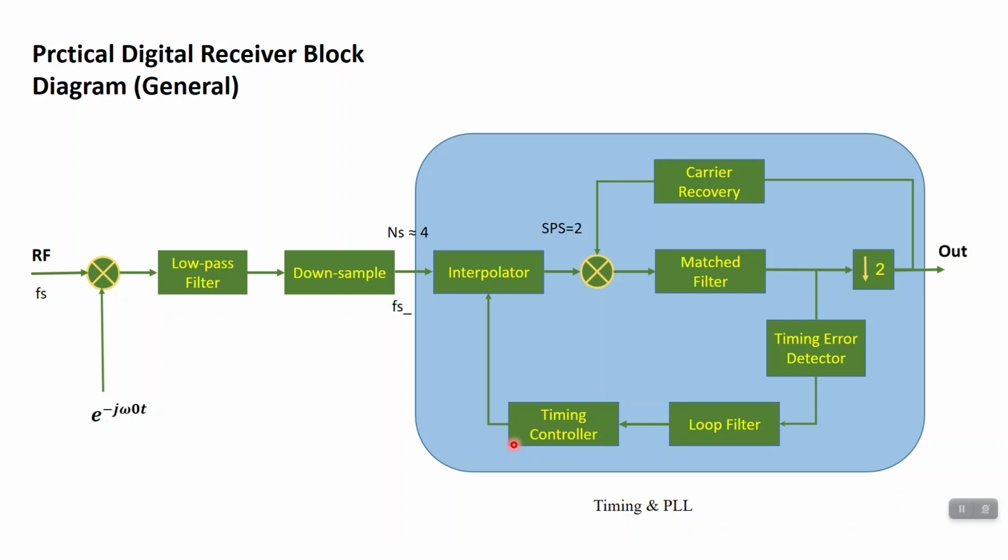The general block diagram of a practical digital receiver can be something like this. Here, the RF signal can be a recorded file or an output of an A to D in hardware. Assume the A to D sampling rate is Fs.